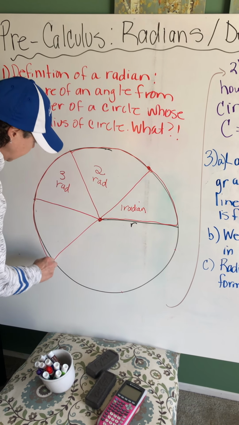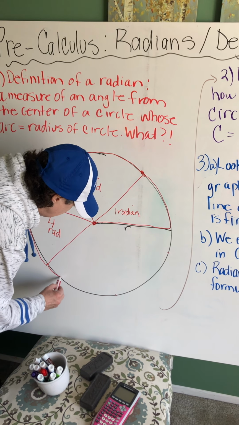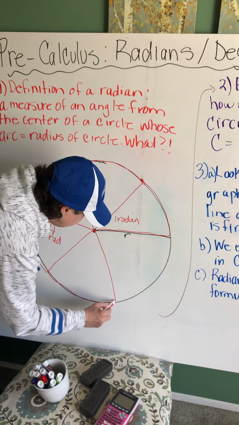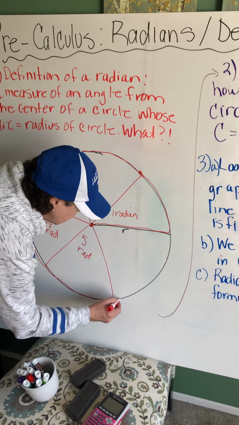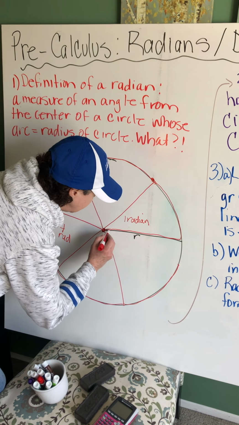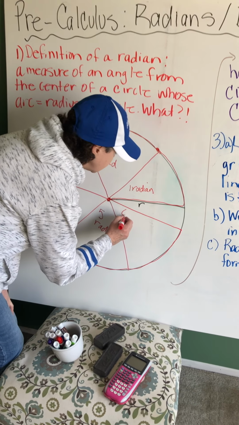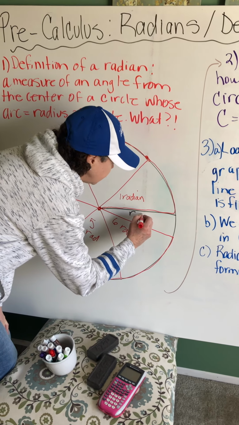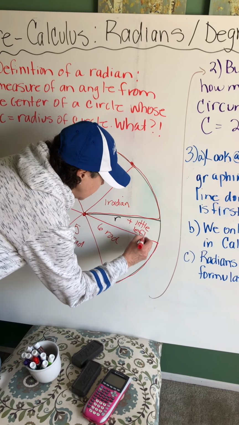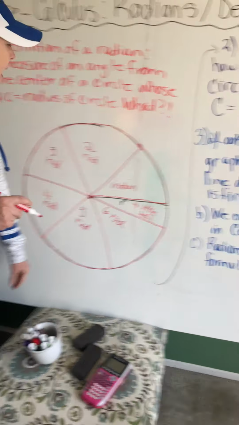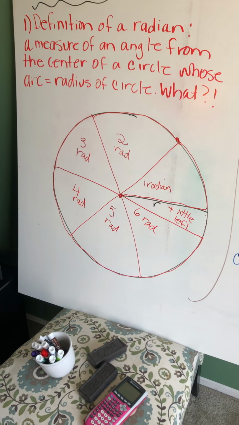Here's our fourth radian. Here's our fifth radian. Here's our 6th radian. Notice it almost completes the circle. It's just a little short. 6 radians, and then we have a little left over. So how many radians are on a circle? 6 plus a little bit more.